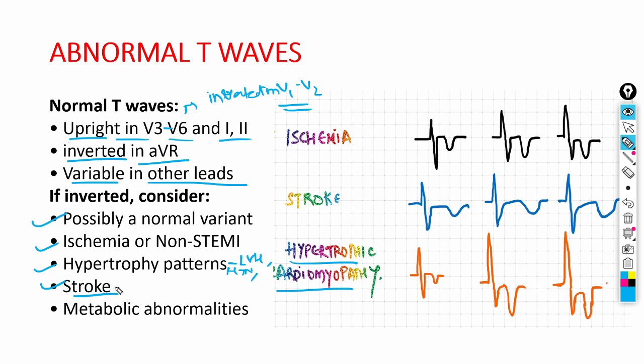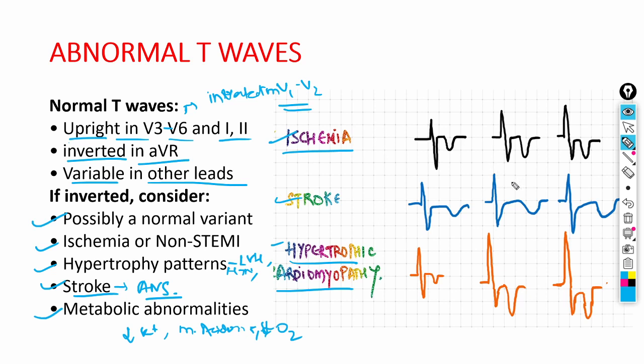In this, there is a prolonged QT interval along with T wave inversion due to autonomic nervous system alteration. Metabolic abnormalities like hypokalemia, metabolic acidosis, as well as hypoxemia, these all can lead to T wave changes. What are the differences in morphology of T wave in ischemia, stroke, and hypertrophic cardiomyopathy?